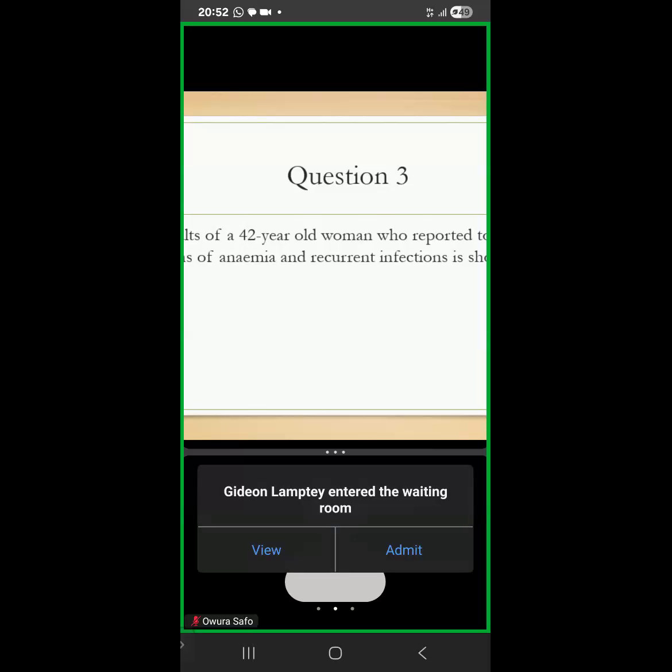So we'll comment on the results and suggest a provisional diagnosis, after which we'll suggest further laboratory tests to make a definitive diagnosis.